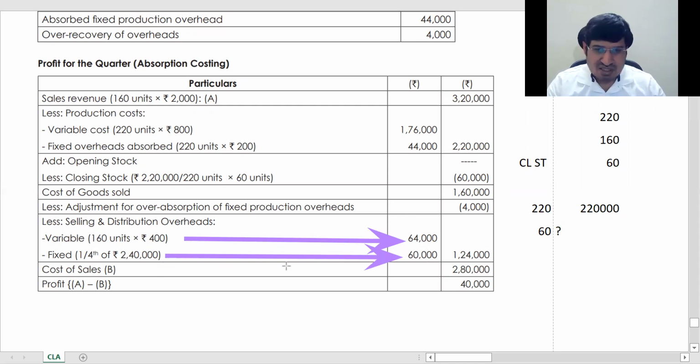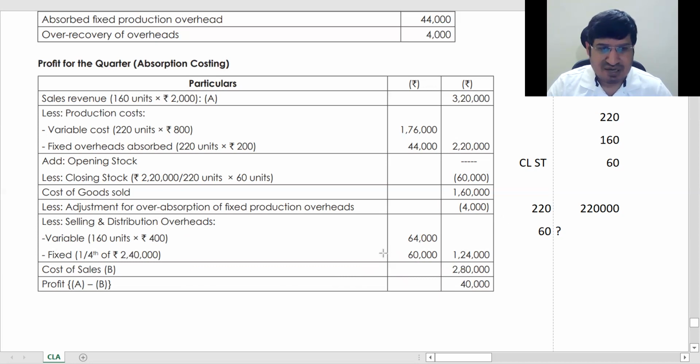Okay, then this is further your cost of sales. Okay, so this is basically from your cost of goods sold, you deducted this over absorption.